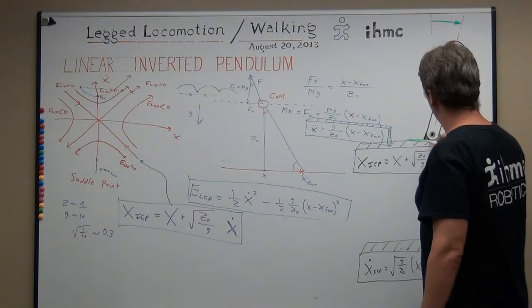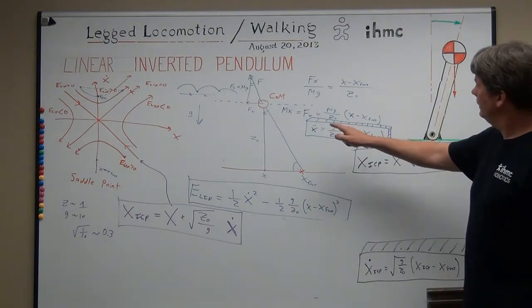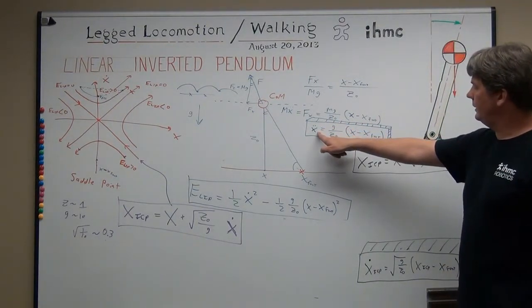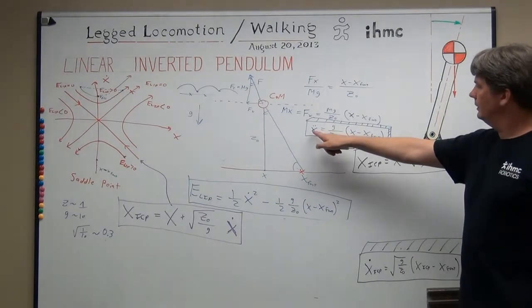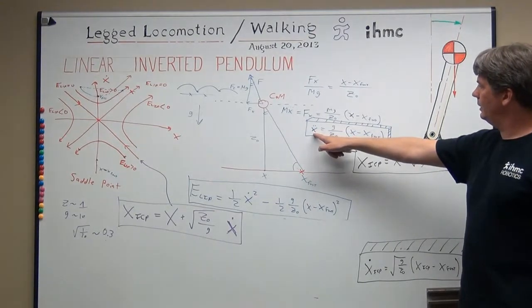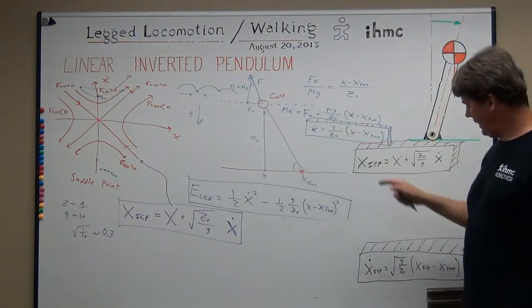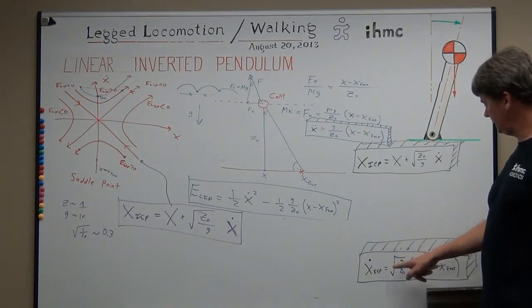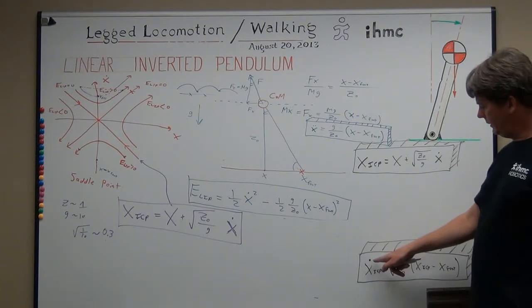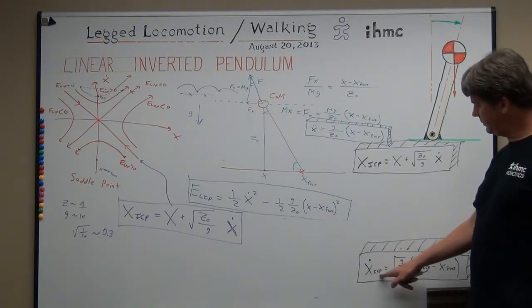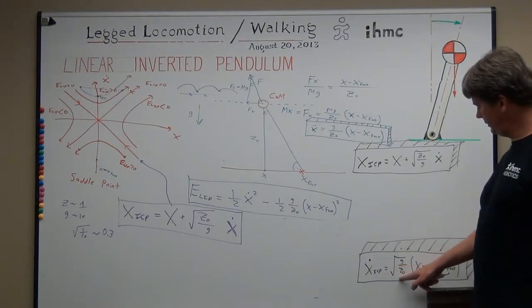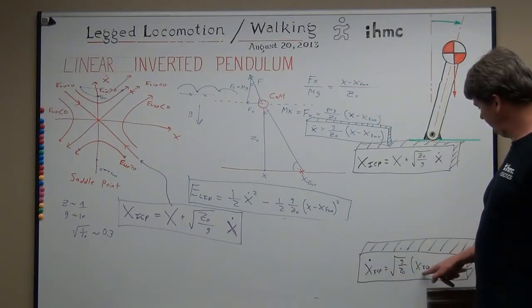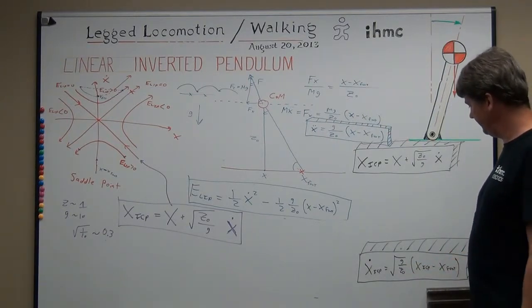Now, where originally for the center of mass dynamics we had a second order linear system, now we simply have a first order linear system. This is a constant, so the rate at which the instantaneous capture point will move is proportional to the distance of the instantaneous capture point from the foot.